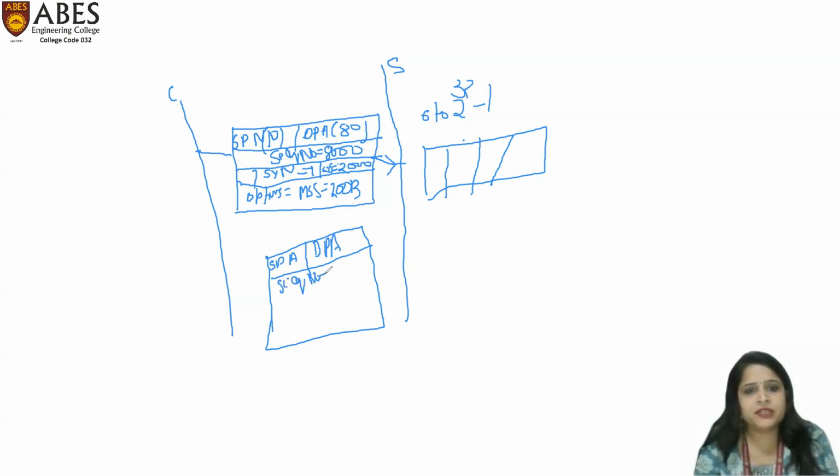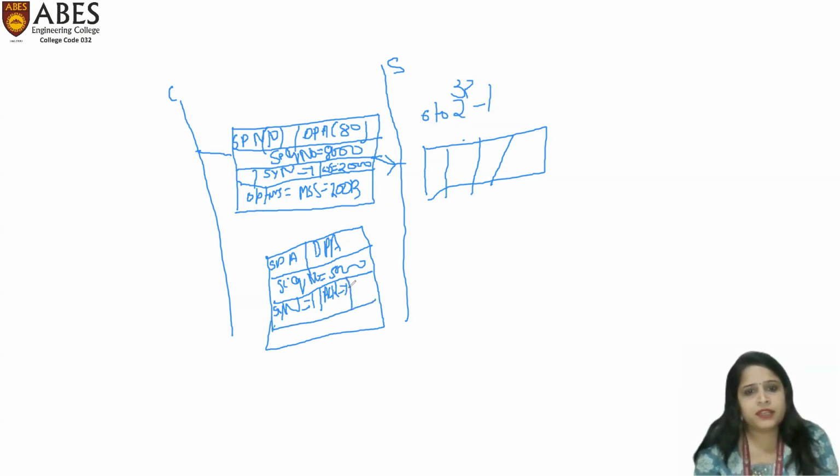Again, the sequence number is a random sequence number, for example, in that case it is 5000. That is a randomly generated number. Because it is a SYN packet sent by the server to the client, the value of the SYN flag is 1. Using this segment, the server will also acknowledge the client's SYN packet, so the acknowledgement field value is also 1.